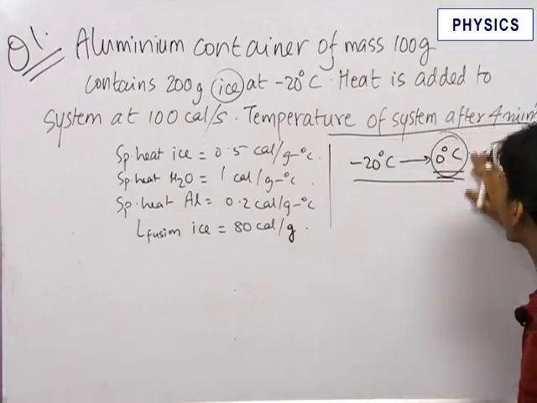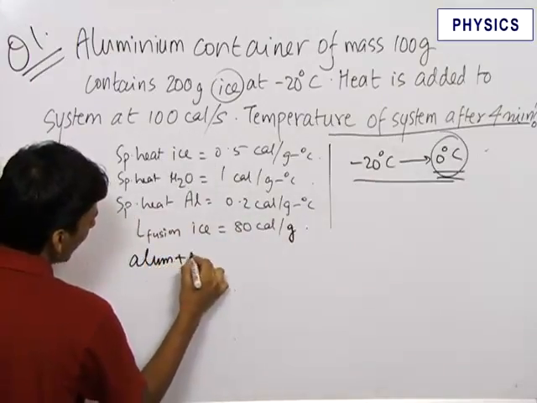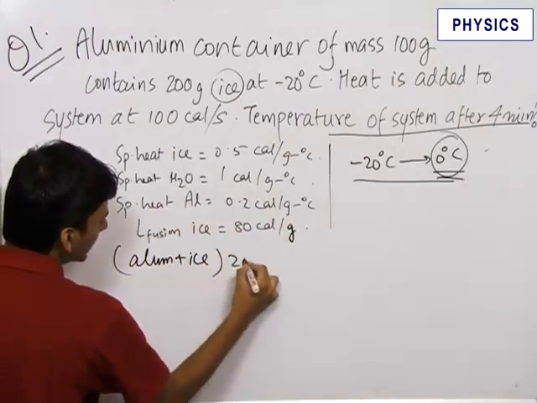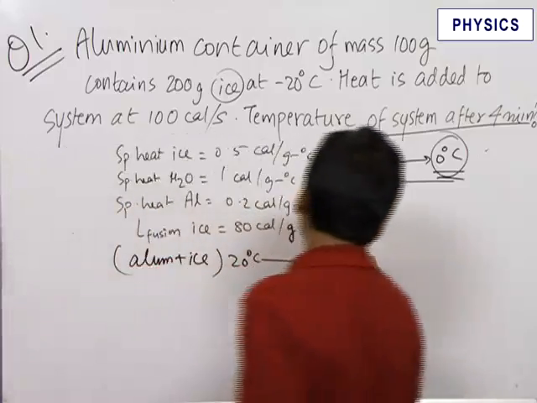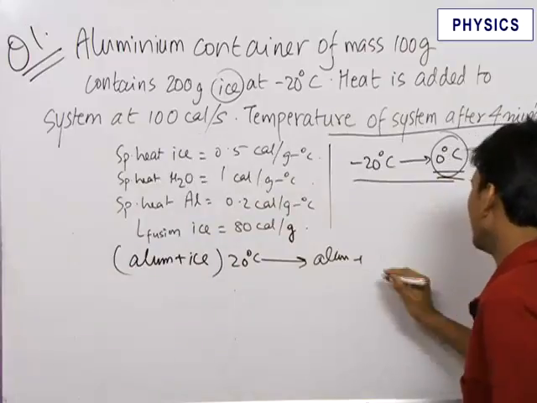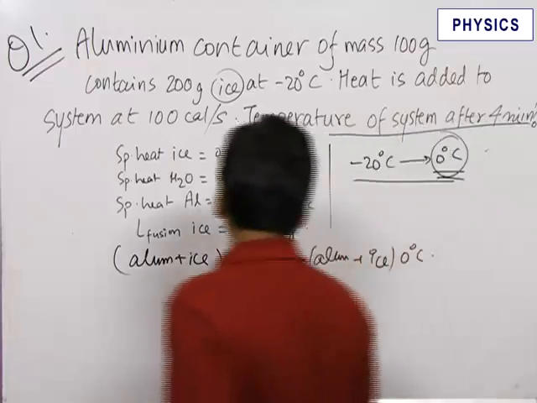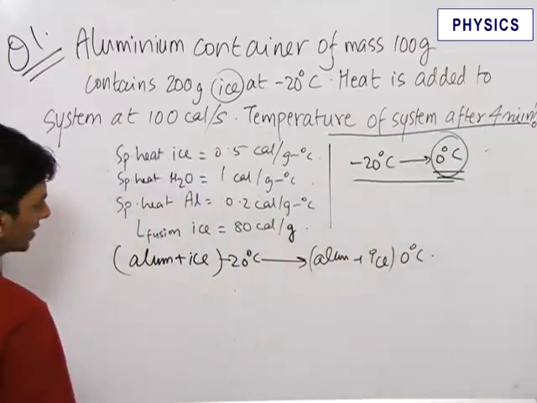So we convert the system from aluminium plus ice at minus 20 degrees Celsius to aluminium plus ice, again let it be ice, at 0 degrees Celsius.